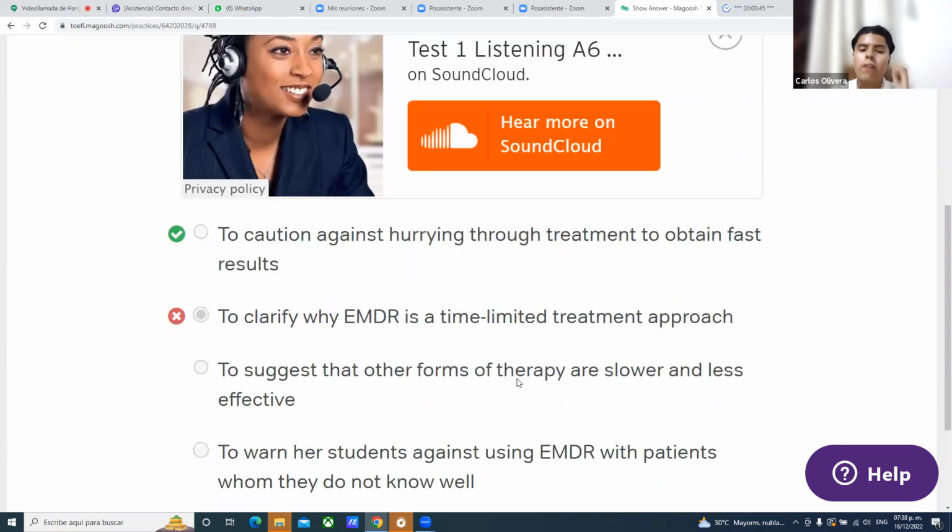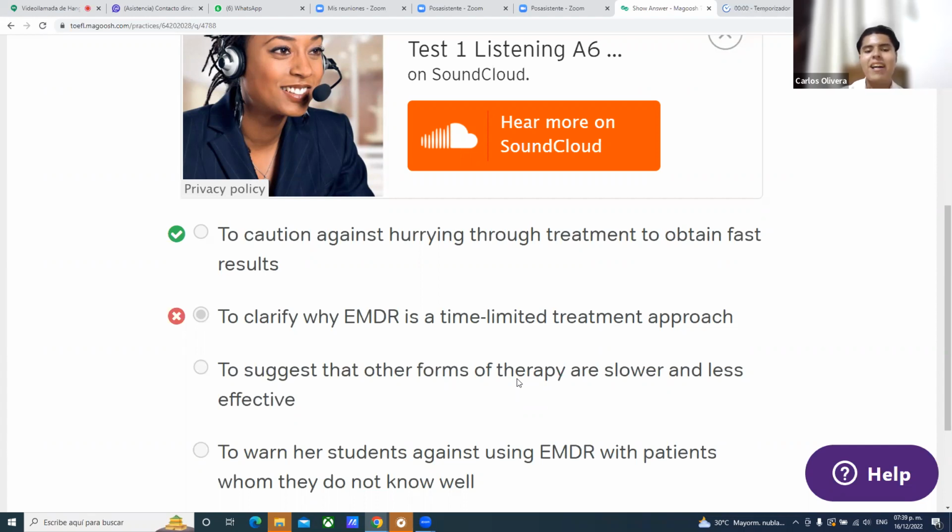So it's not to clarify why EMDR is a time limited treatment approach, because she never said that this is time limited. That is to say, you can perform this treatment only during a very limited and bounded time. But she said, well, you can apply this, and nonetheless, it's not very fast every single time. But the speed is not the point. Actually, you have to worry about the necessities of your clients, right? So it's not about saying EMDR. Excuse me, I don't know why it's so difficult to pronounce it.